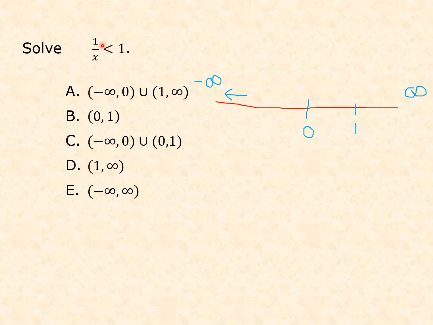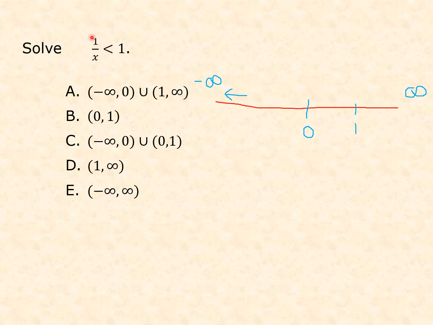That means 1 over x less than 1. And for all the numbers which are less than 0, just now we already know that x cannot take the value of 0, but for all these negative values, if we substitute into 1 over x, then we will get a negative value.